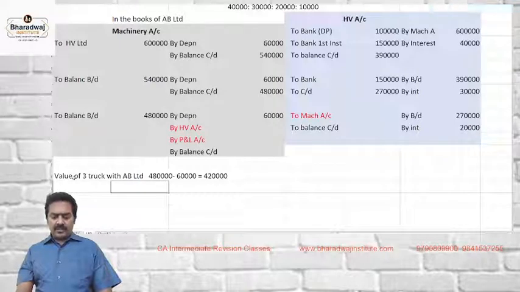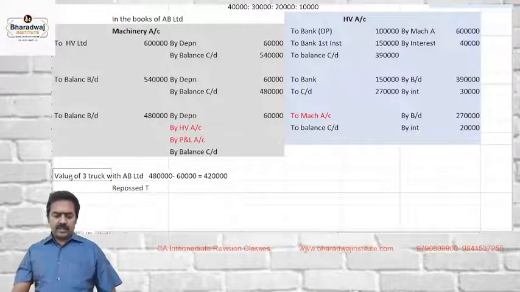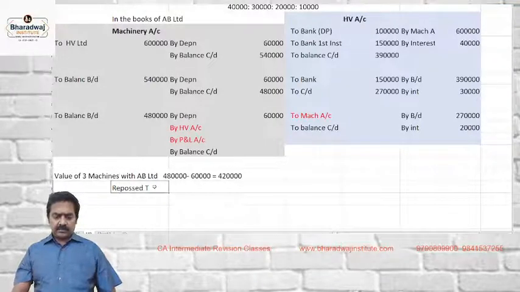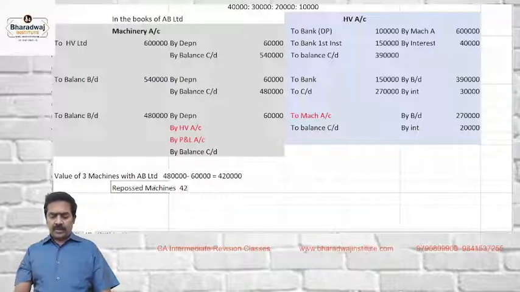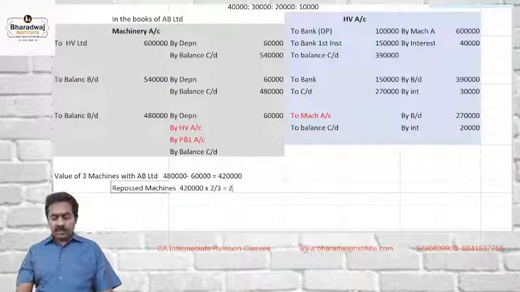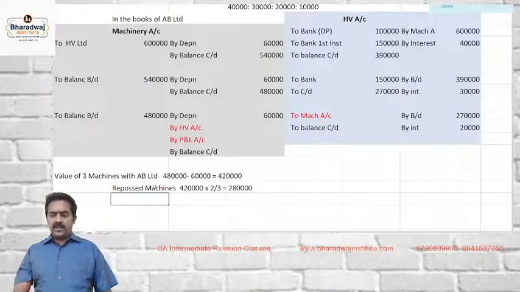So how many machines repossessed? 2 or 1? 2 out of 3 repossessed means what is the value? How much? 2,80,000.